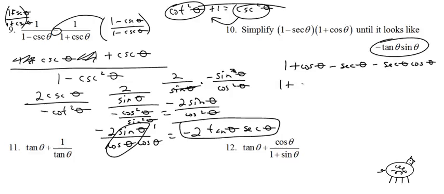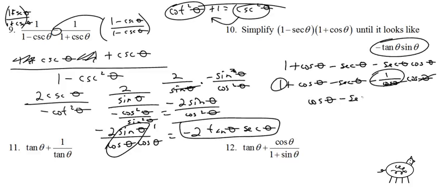So 1 plus cosine theta minus secant theta minus 1 over cosine theta times cosine of theta. That cancels. And so I get 1 minus 1, which is 0, and I wind up with just cosine of theta minus secant of theta.